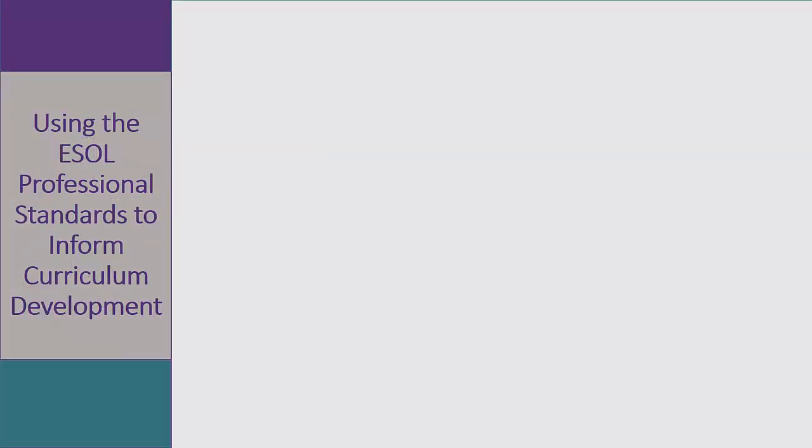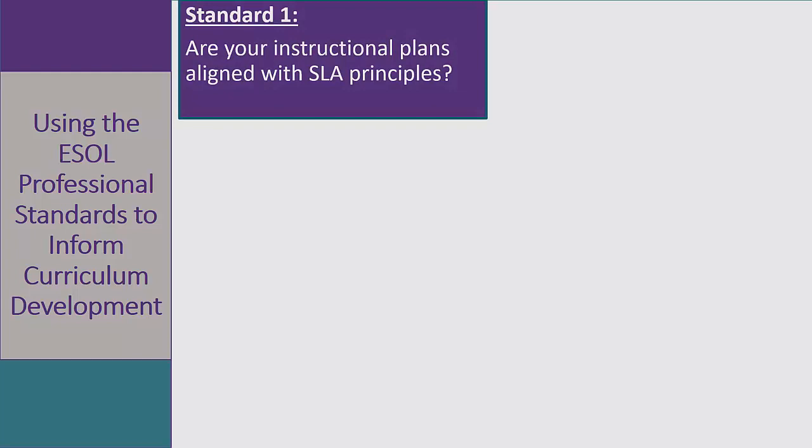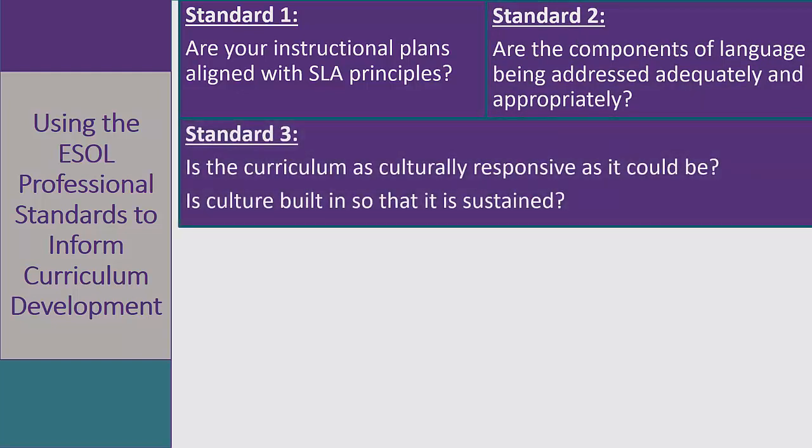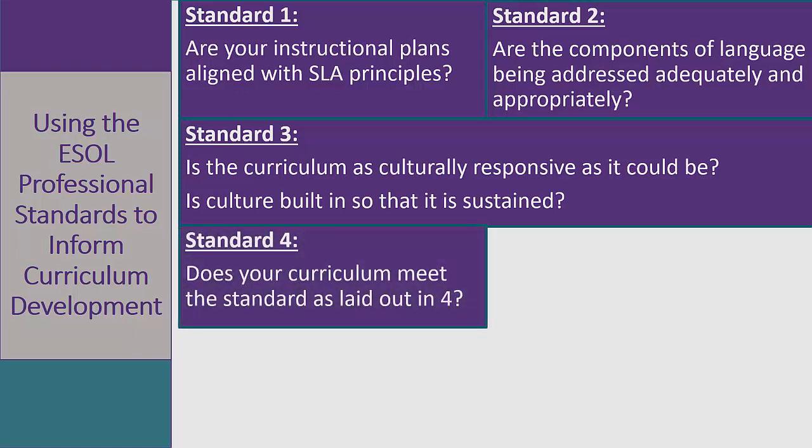In addition, you can use all of the standards as a guide or checklist for your curriculum development by asking yourself, are your instructional plans aligned to the SLA principles in Standard 1? Are the components of language being addressed adequately and appropriately? Is the curriculum as culturally responsive as it could be? Is culture built into the curriculum so that it is sustained? Does your curriculum meet the standard as it is laid out in Standard 4?